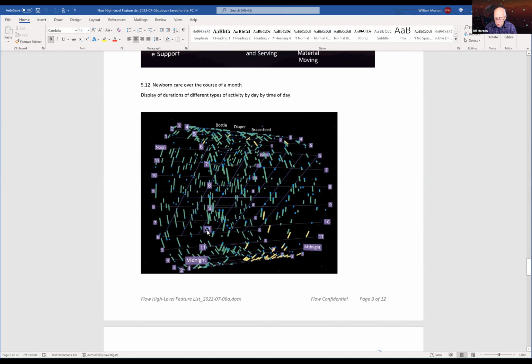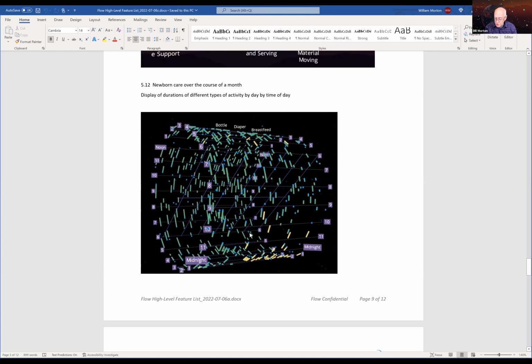What the author here did, this is a newborn care flow, to show, hey, where does all this time go for caring for a newborn? The different types of activity, giving the bottle, changing diapers, breastfeeding, all those have different colors representing that kind of activity.